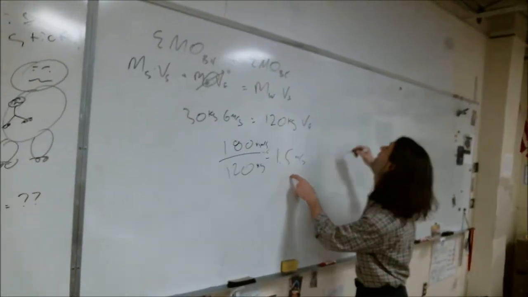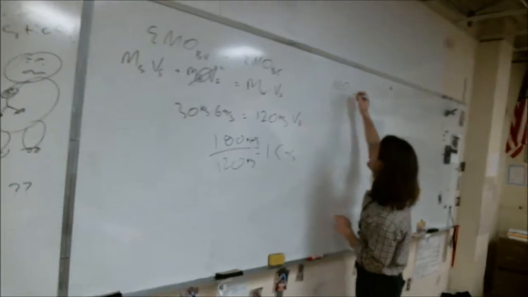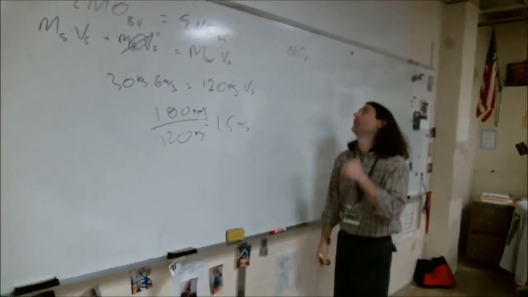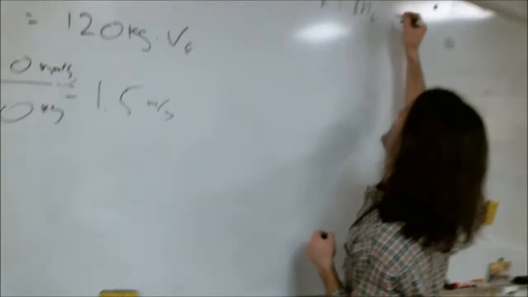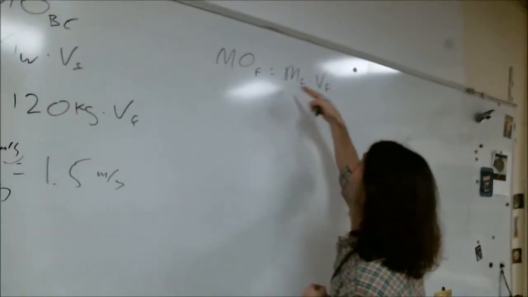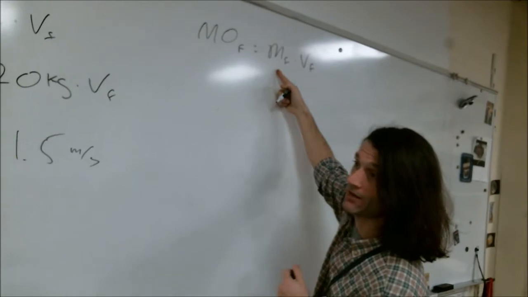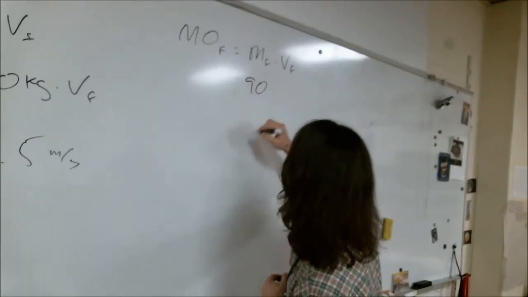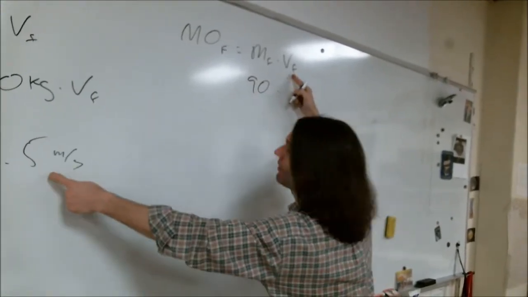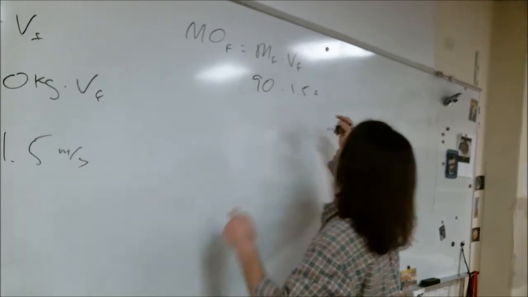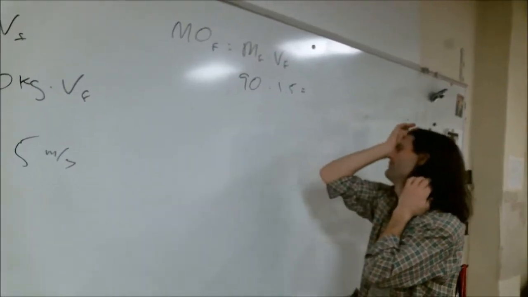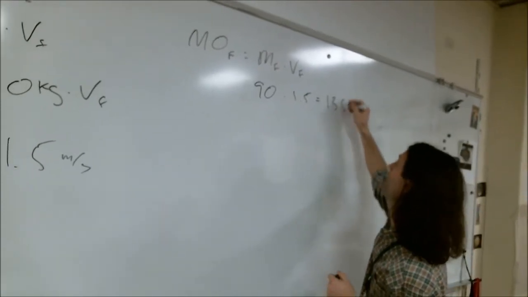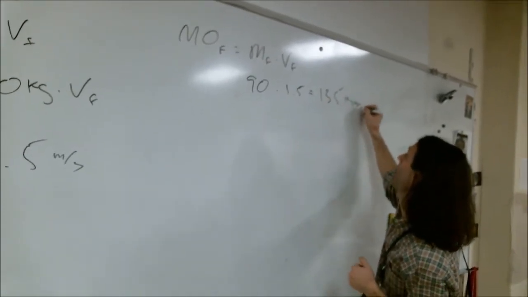If I were to ask you how much momentum does the fat kid have? You would say the mass of the fat kid times velocity of the fat kid. The mass was 90, and I'll multiply that by 1.5. So the momentum of the fat kid is 135 kgm/s.